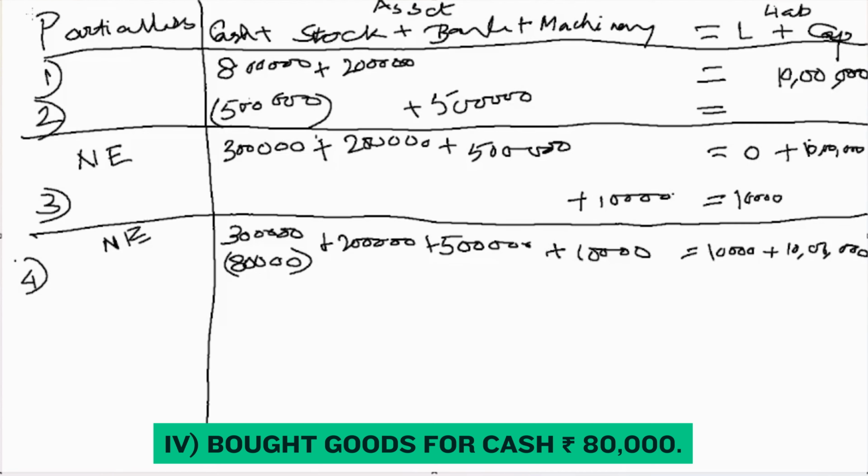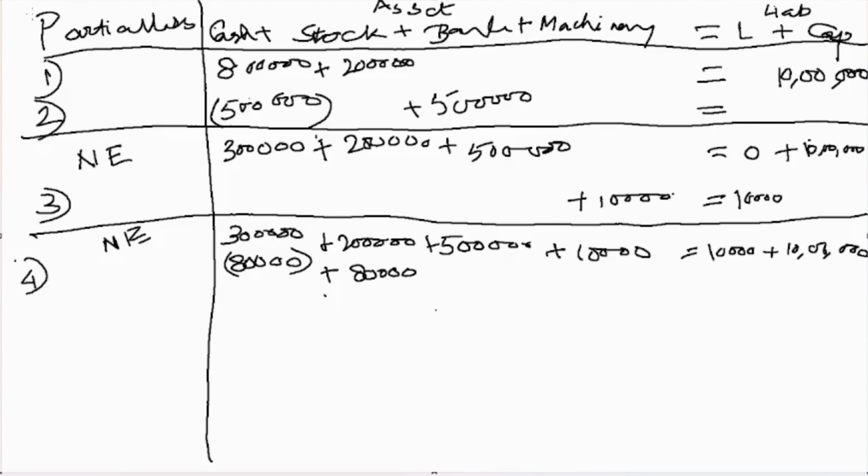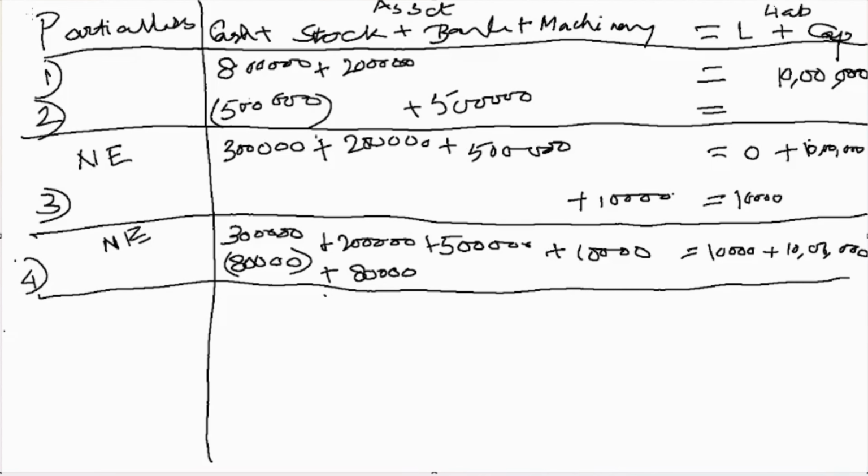So, minus 80,000 in cash, and we are going to add in stock, which is just next to it. So, we will be adding stock 80,000. Right. So again, we will be having a new equation after this, the fourth equation.